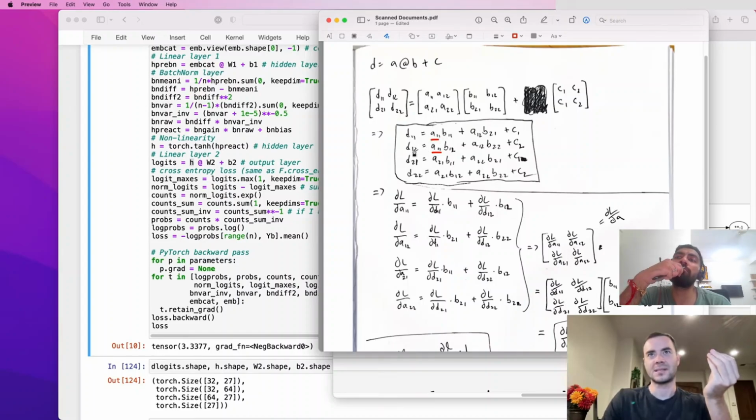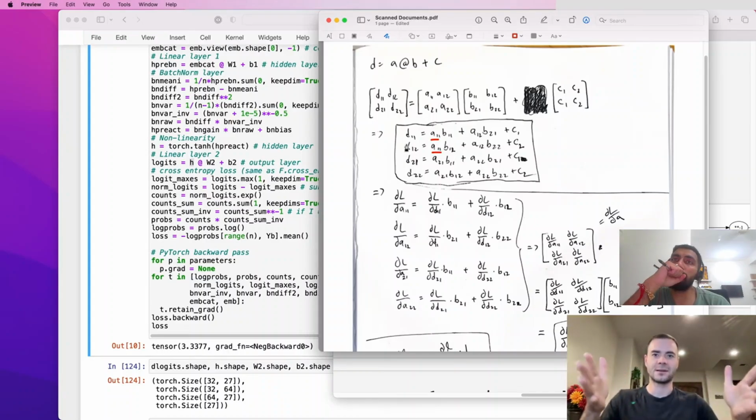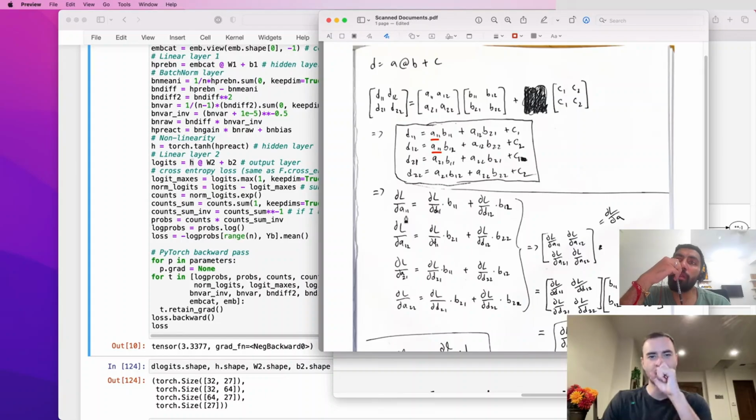And likewise here, the local derivative of D12 with respect to A11 is just B12. And so B12 will, in the chain rule, therefore, multiply DL by D12. And then because A11 is used both to produce D11 and D12, we need to add up the contributions of both of those chains that are running in parallel. And that's why we get a plus, just adding up those two contributions. And that gives us DL by D A11.